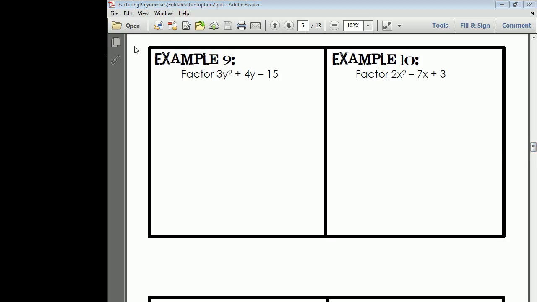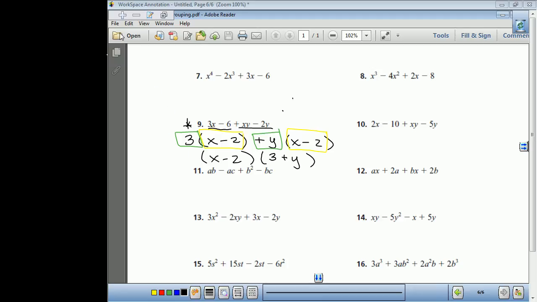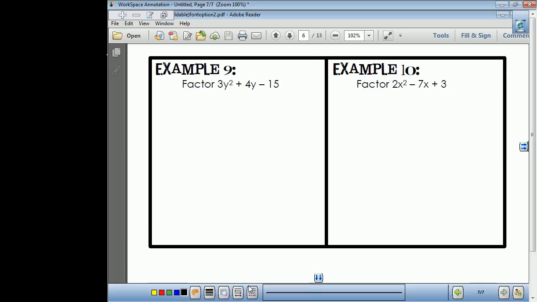We're going to work on some of these now, which uses that skill we just learned. So this is the tab that says factoring ax squared plus bx plus c.